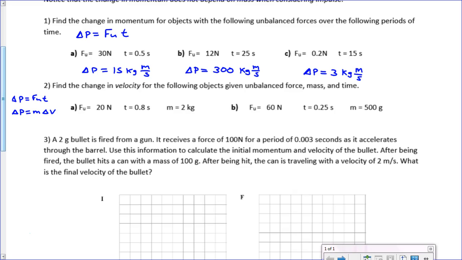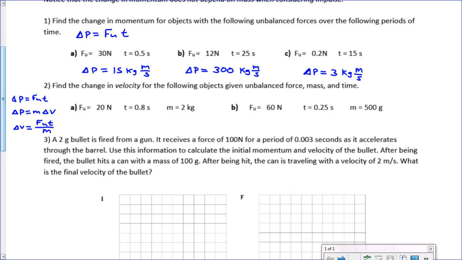All right, because typically speaking, the mass of an object will stay constant. And so if it's change in velocity, then you can multiply it by the mass, you get change in momentum. And we can combine those two together and solve for change in velocity. And what we get is change in velocity equals FUT over m.